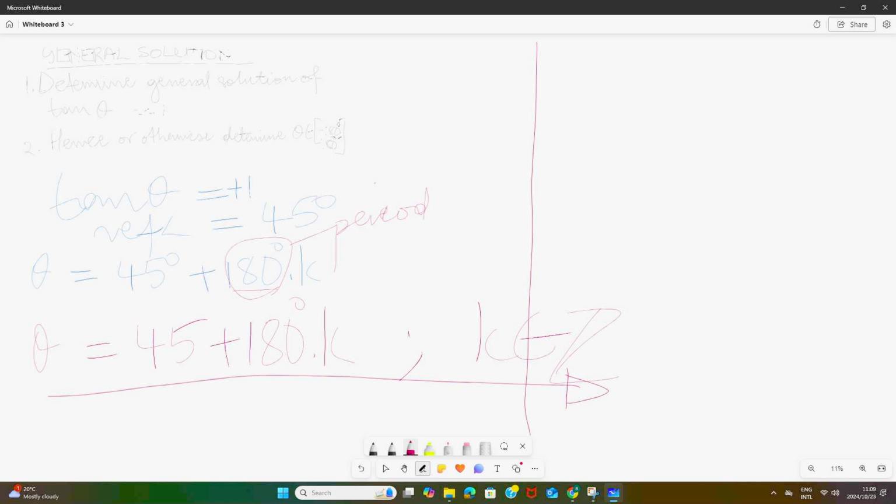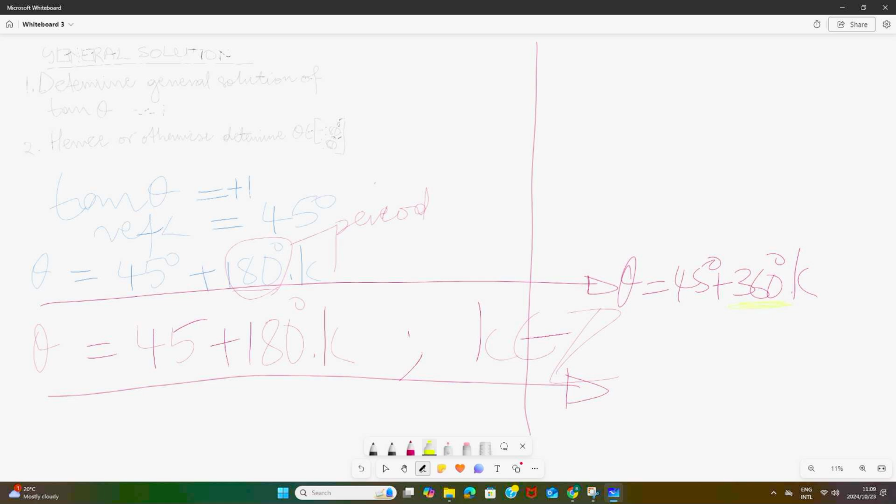Even for 360 degrees, we will follow the same method up until here. Then we will conclude by saying that theta is equal to 45 degrees plus 360 times K. What is this 360 now representing?